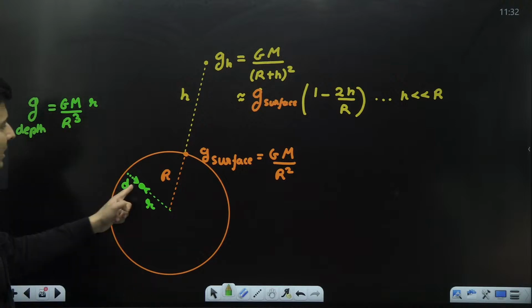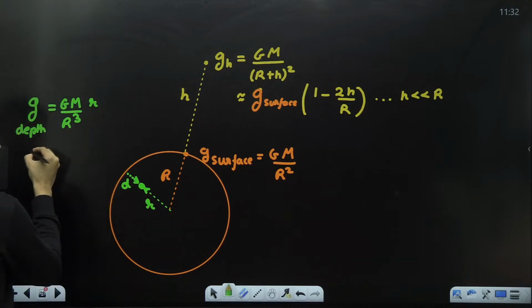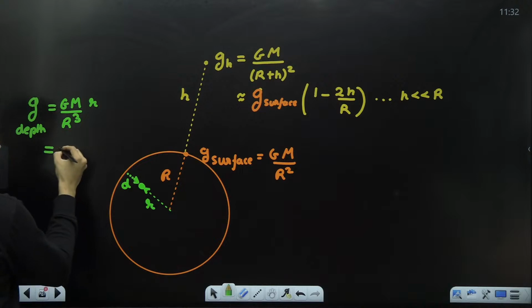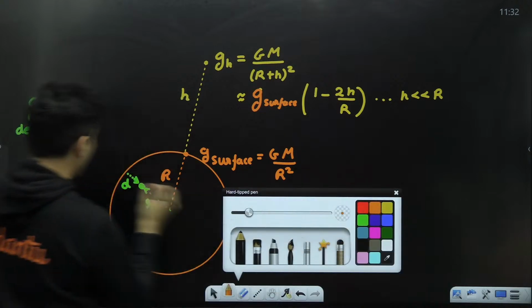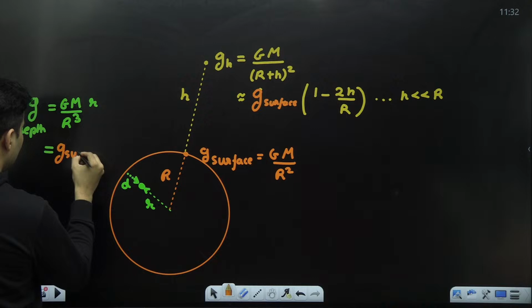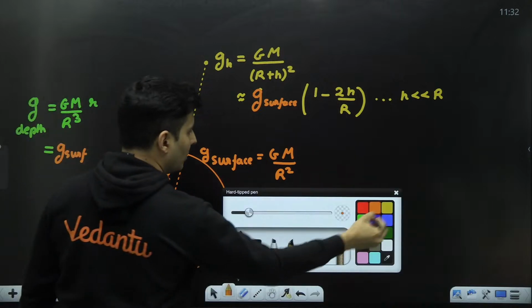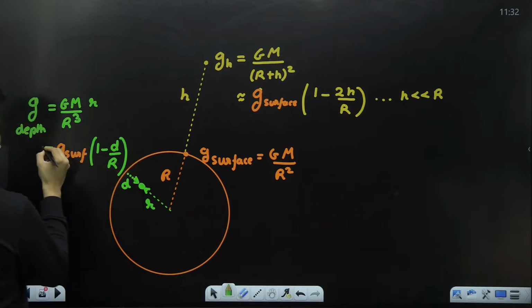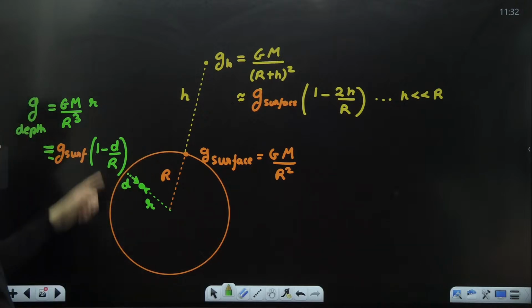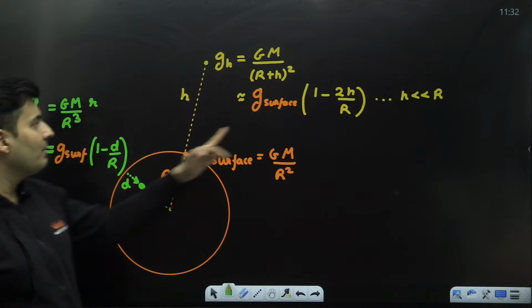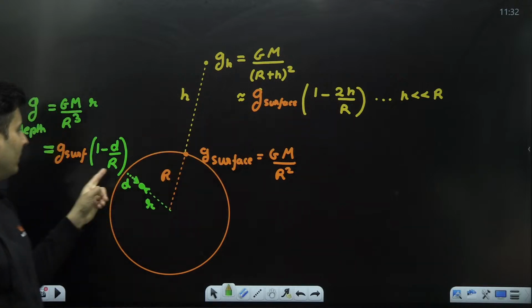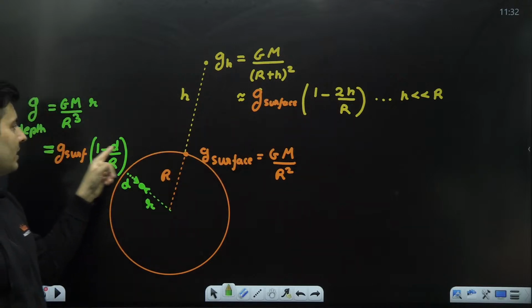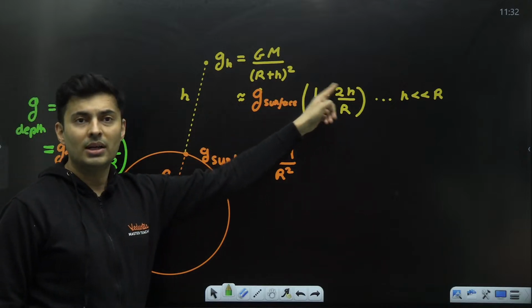This is one way in terms of small r, but you can also write in terms of depth, which is again gravity on the surface into 1 minus d by r. Please note this is exact formula, because this formula looks very much similar to this. The only difference is this is not having that number 2, this had that number 2 over here.